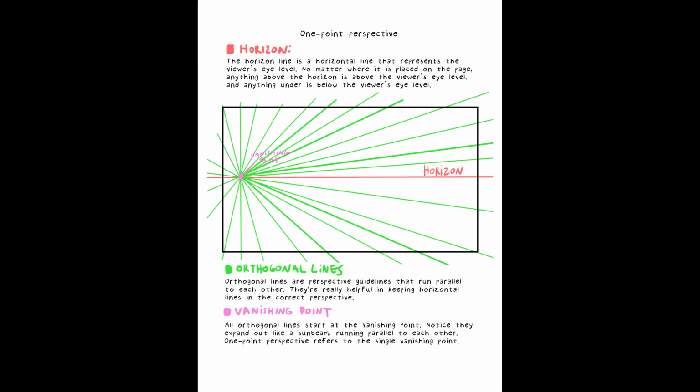So here's an example of one-point perspective using the same grid that I drew out in the previous image. You draw out a horizon line and then choose a vanishing point. In some instances, the vanishing point can be outside of the rectangle. You could move it out here, where this red dot is now.